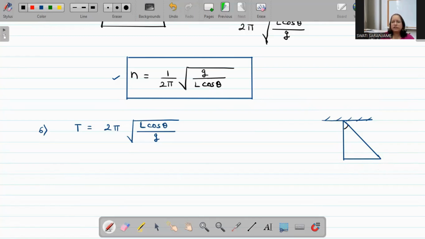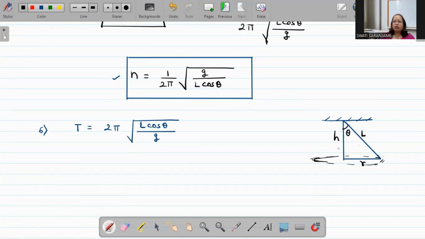What we have, this is angle theta, this is a vertical height, this is a slant height, or you can say the length of the pendulum, and this is the radius of the circular track along which the bob is performing horizontal circular motion like this.